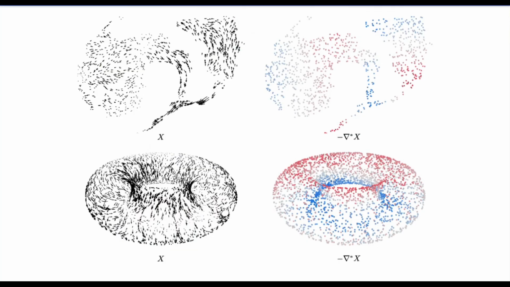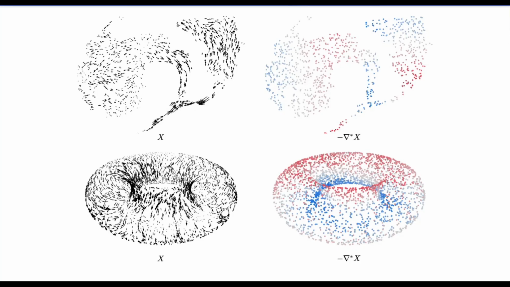Okay, so now we can look at divergence. In the Euclidean sense, this measures expansion and contraction along a vector field. Here, if we look in the middle, you can see X is growing, and that corresponds to the divergence being positive because it's expanding space.